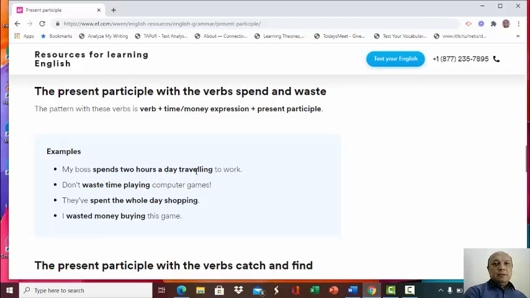And then you have the present participle. Yeah. Don't waste time playing computer games. Waste is the verb, and then you have the expression of time, and then you have the present participle. Yeah. They have spent the whole day shopping. I wasted money buying this game. You have waste, the expression of money, and then you have the present participle. Okay.